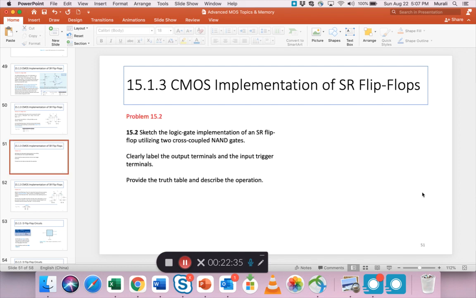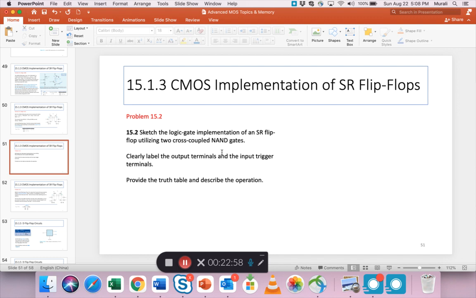Okay. Next example, next is a problem from the back of the chapter, 15.2. And here we are asked to sketch the logic gate implementation of an SR flip-flop, not a clocked, but just a regular SR flip-flop, utilizing two cross-coupled NAND gates, right?